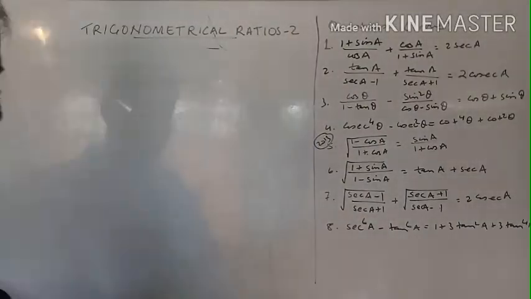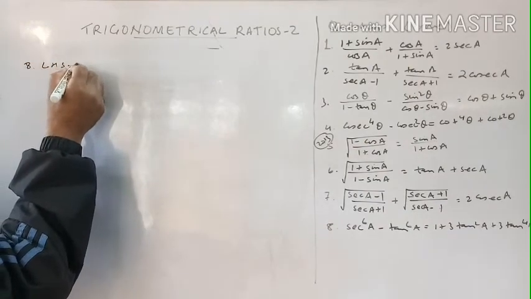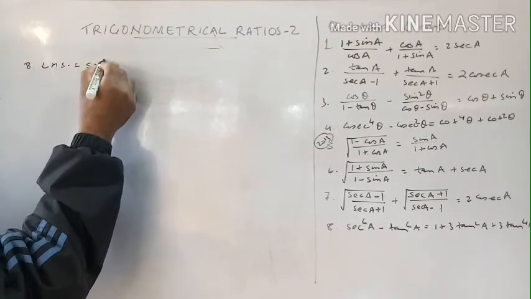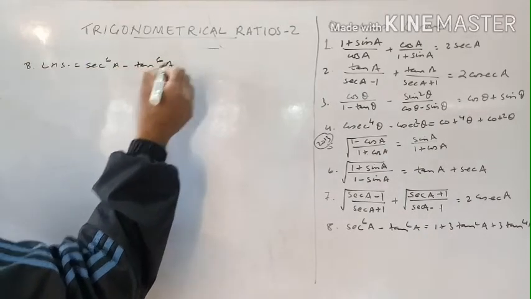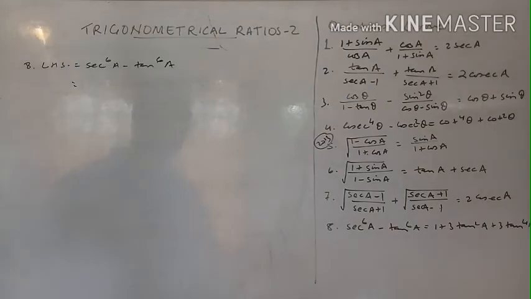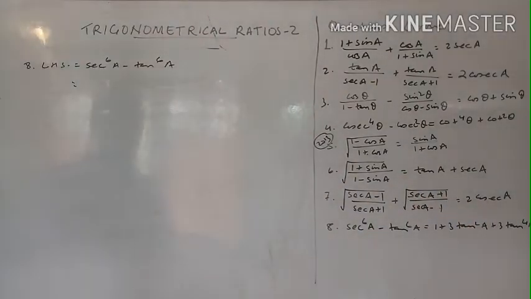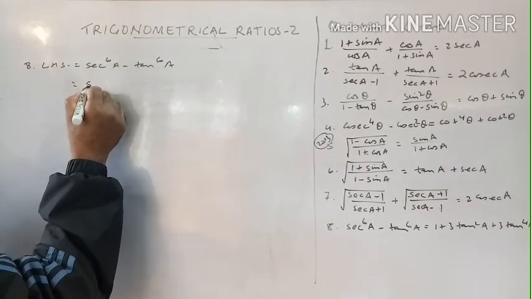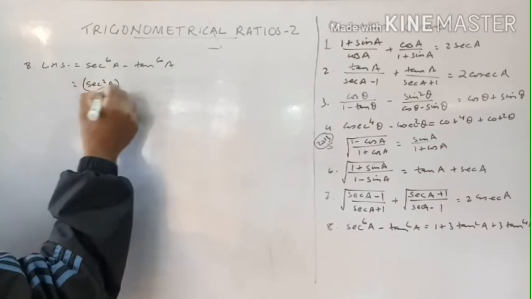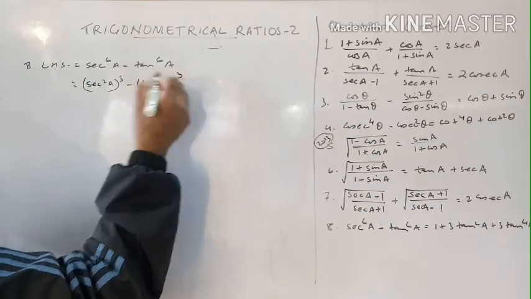Question number 8. LHS is equal to sec to the power 6A minus tan to the power 6A, and this is equal to 1 plus 3 tan square A plus 3 tan to the power 4A. That's what we have to get. So since power is 6, we can write this as (sec square A) whole cube minus (tan square A) whole cube.